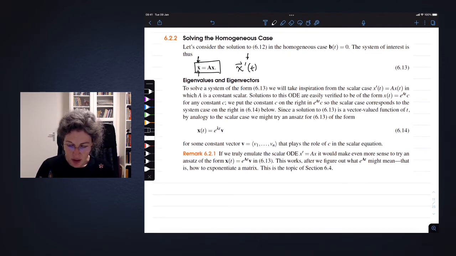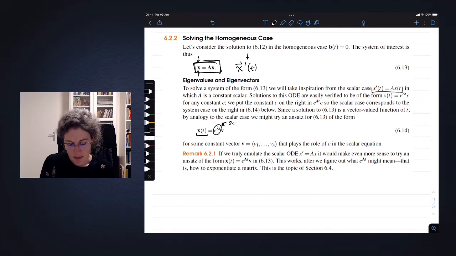And the thing that we're going to try is, if you think about when we tried our ansatz, we looked at single differential equations of this form, and we tried a solution of the form e to the at. We're going to do something similar here, where we're looking at our vector equation, we're going to try a solution, so this is a vector, of the form e to the lambda t.